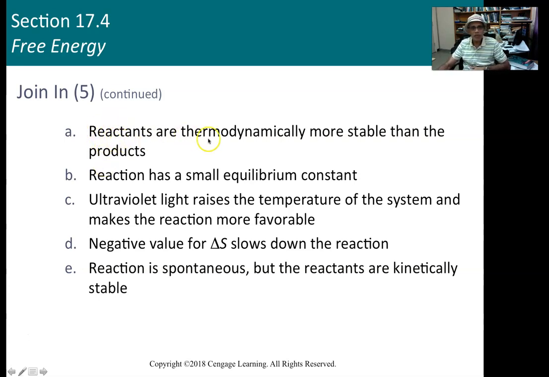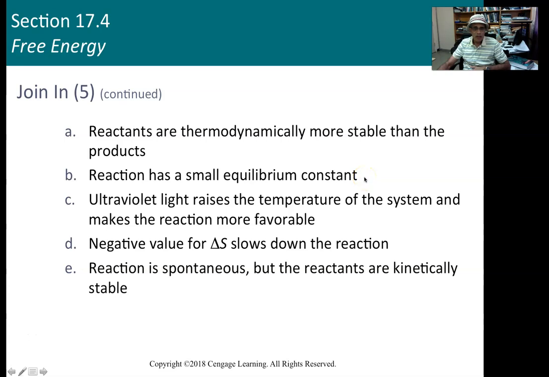Let's take: reactants are thermodynamically more stable than the products. That's not right, because you see that delta G is negative. Reaction has a small equilibrium constant. Not that either.